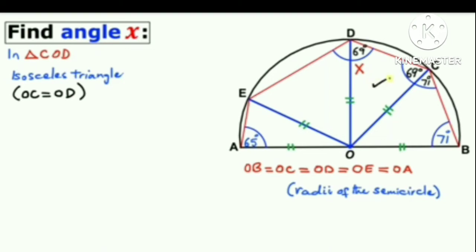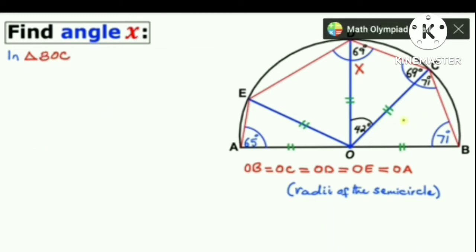Now we know that in this triangle, the sum of all these angles is going to be 180 degrees. So this angle has got to be 42 degrees, because if we add all these three angles, 69 degrees plus 69 degrees plus 42 degrees, it is going to give us 180 degrees.